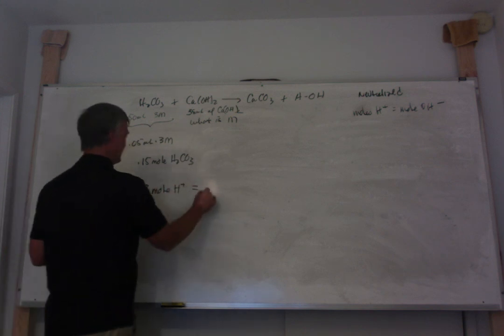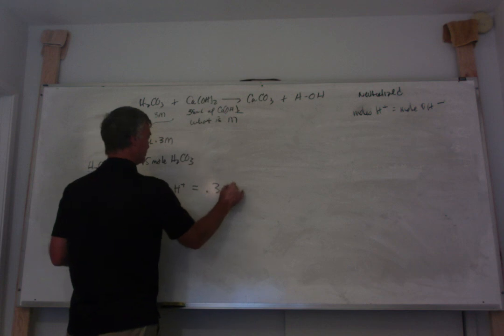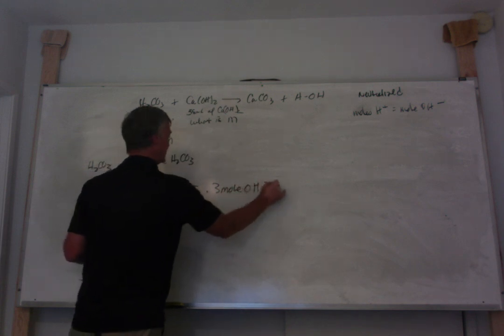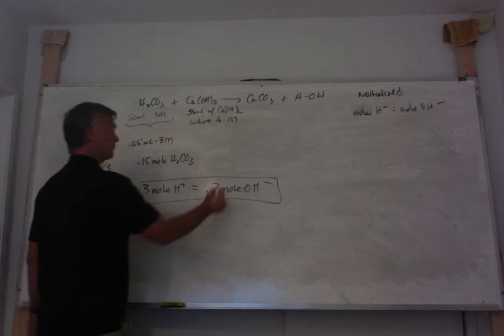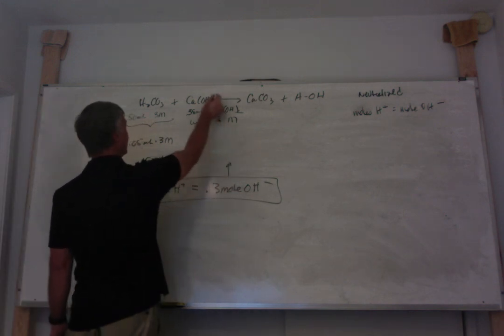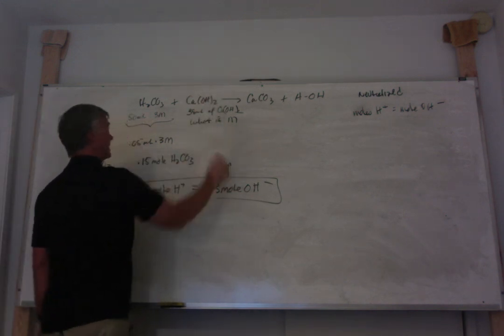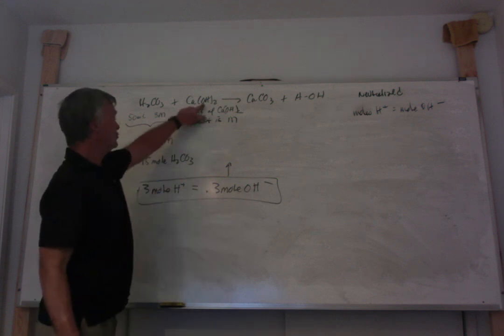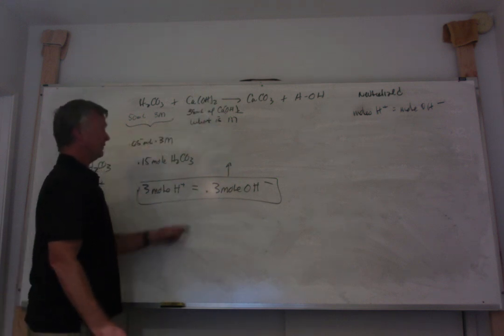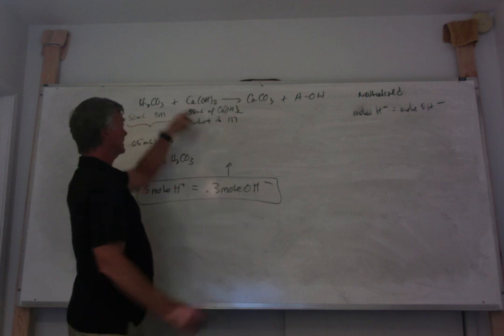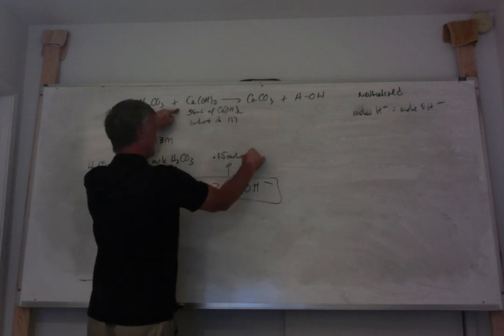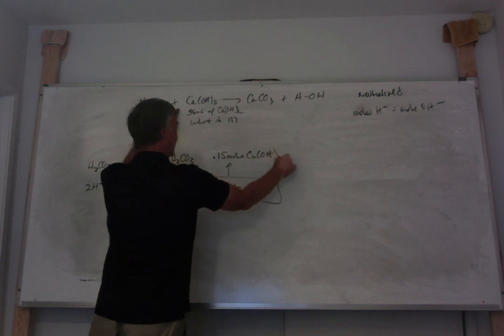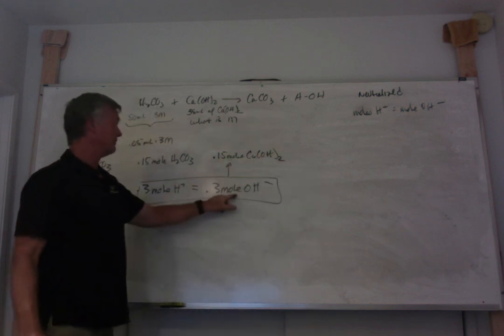And this is our key. We then need 0.3 moles of OH minus. Well, 0.3 moles of OH minus, notice every calcium hydroxide has 2 of these. So if you have 0.3 moles of OH minus, all you need is 0.15 mole of calcium hydroxide, because for every calcium hydroxide, I get 2 of these.